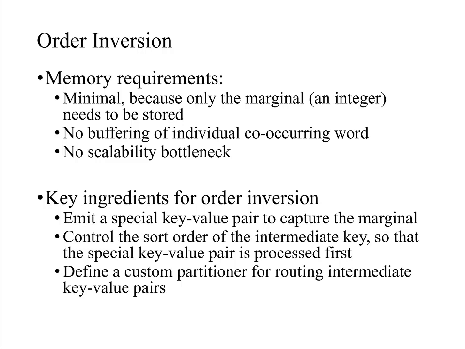And there's no buffering of individual co-occurring words, and there's no scalability bottleneck because the reducer does not need to wait for all the postings, I mean, to put all the postings in the buffer or in the memory and to compute the document frequency. All right.